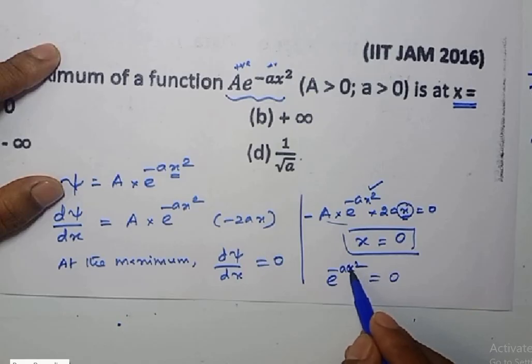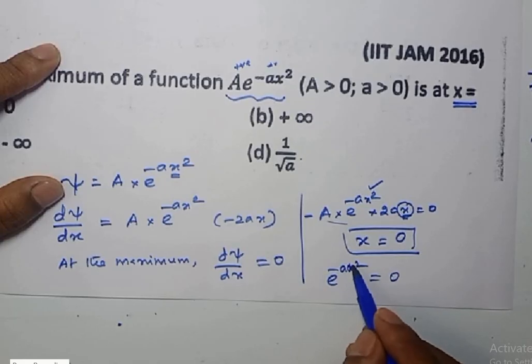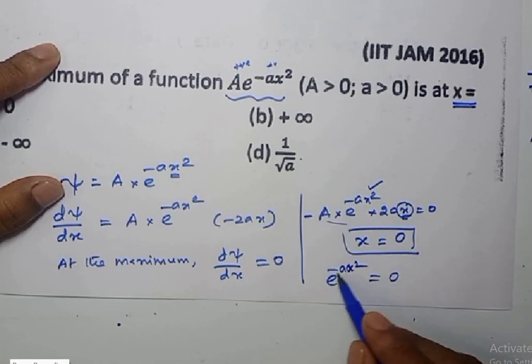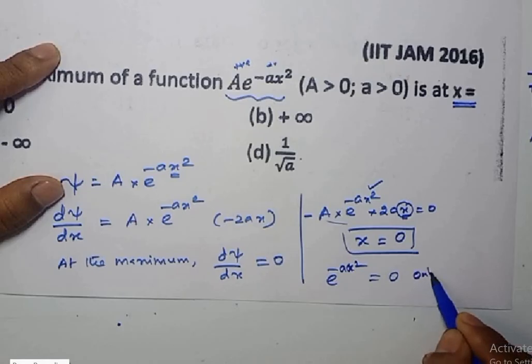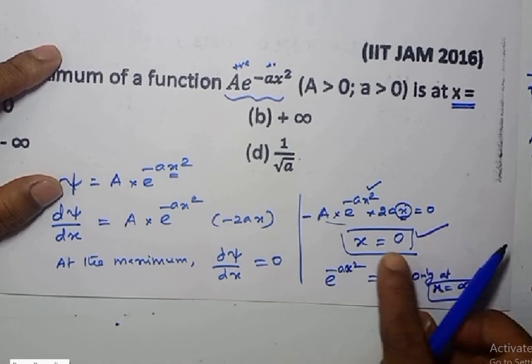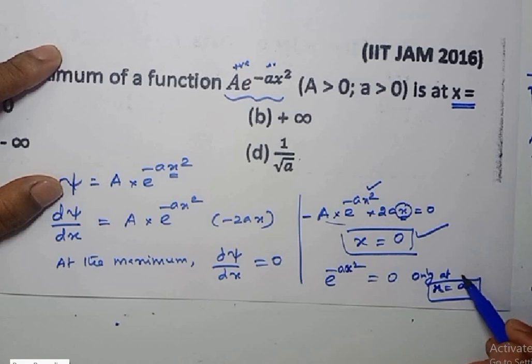So whether you put plus infinity or minus infinity, if you take square, it will become positive. But I have minus sign in front. Therefore, this becomes 0 only at x equal to infinity, whether plus infinity or minus infinity. So at x equal to 0, you will get maximum, and then at x equal to infinity, we will get maximum.